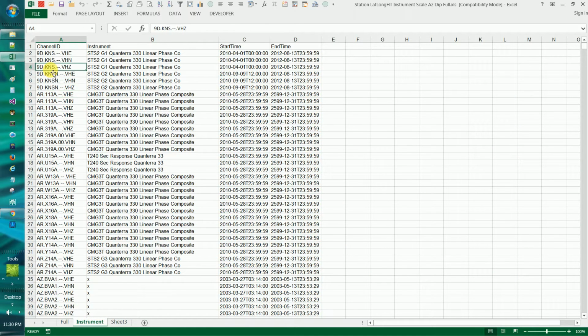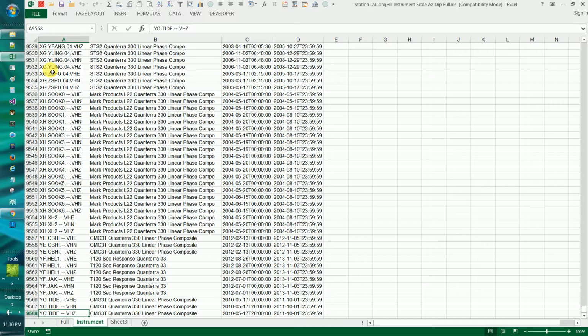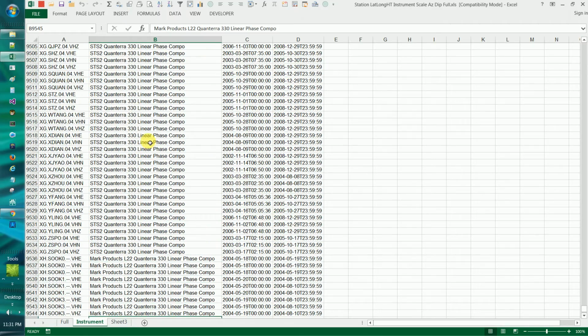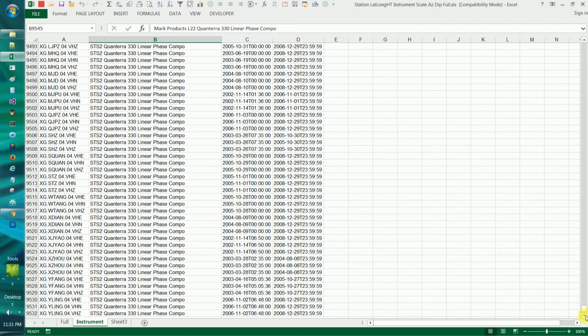But again, this gives you a rough idea of the number. This is about 10,000 instruments, in this case channels, east, north, and vertical for this location. So roughly 3,000 station locations and various instruments. What I was trying to do here was to figure out which of these were giving the best results.